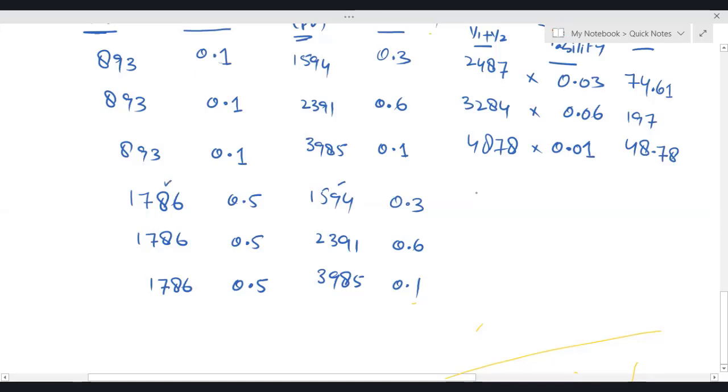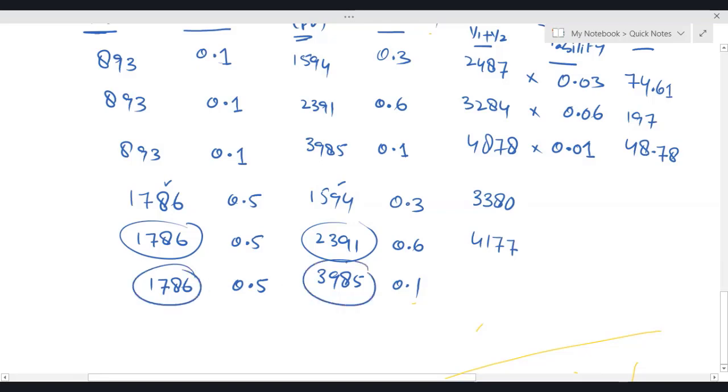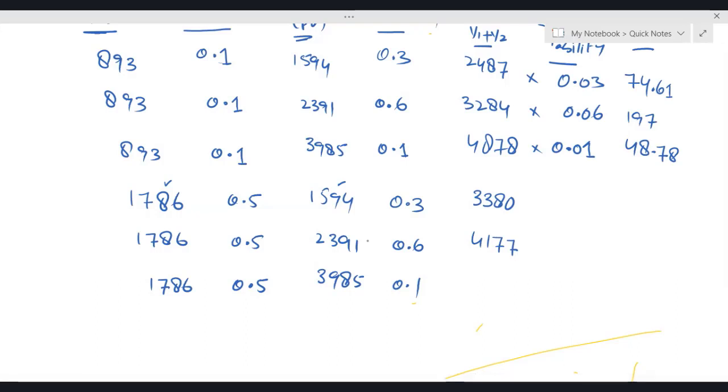I'm getting 3,380. Now add 1786 with 2391. I'm getting 4,177. Now add these two. So 1786 plus 3985.